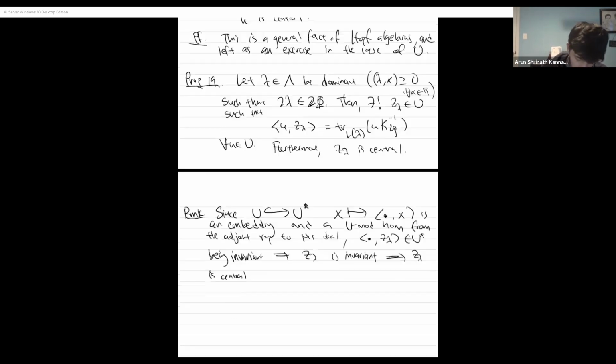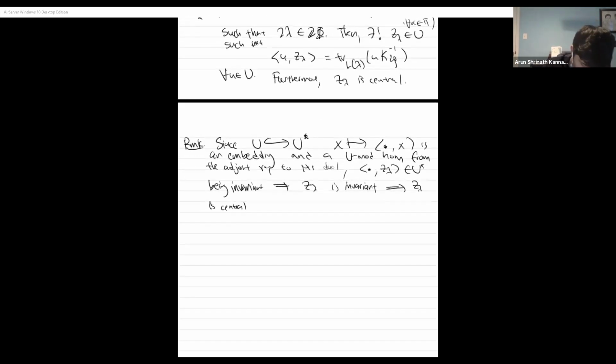Okay, so let's prove this proposition. We're going to need a lemma about matrix coefficients first. So let's define the matrix coefficients and state the lemma.